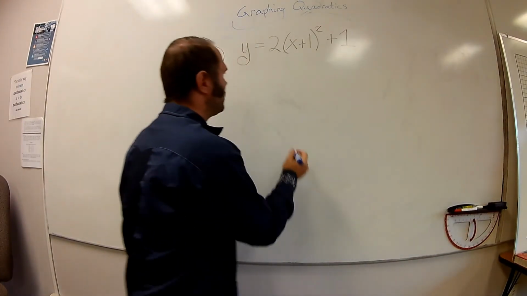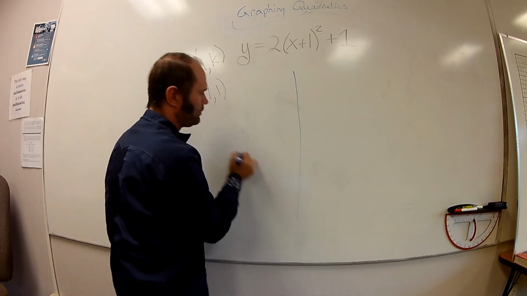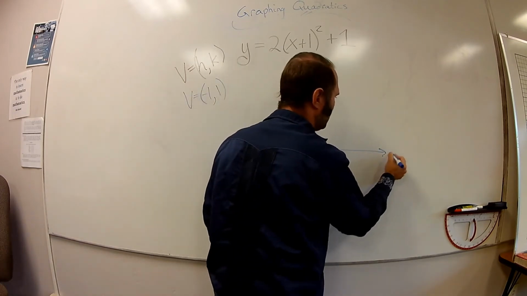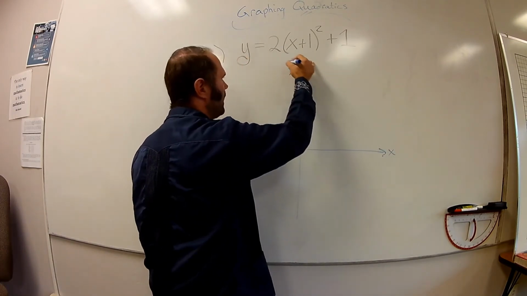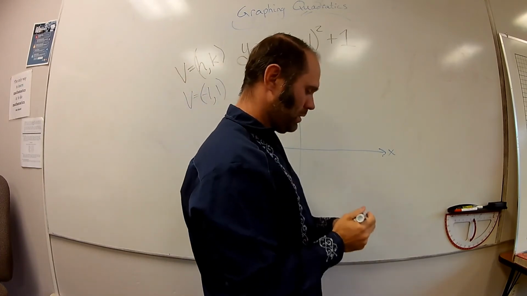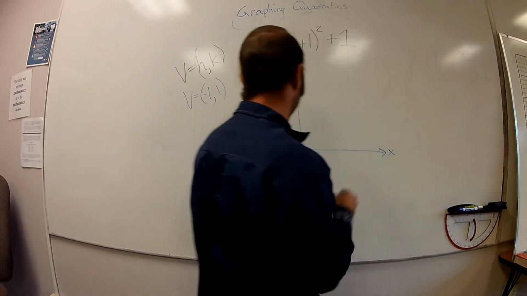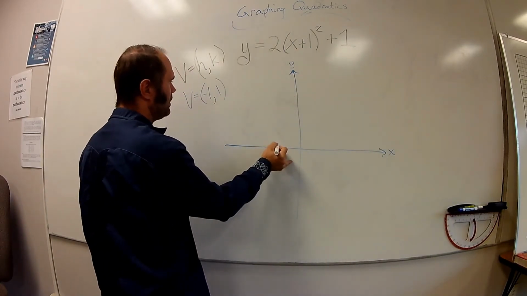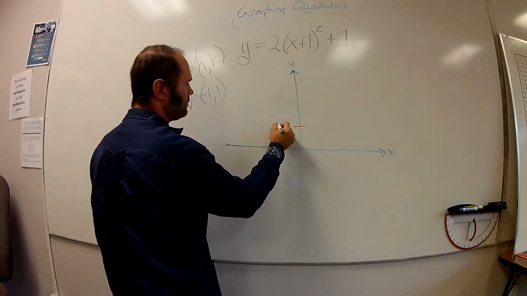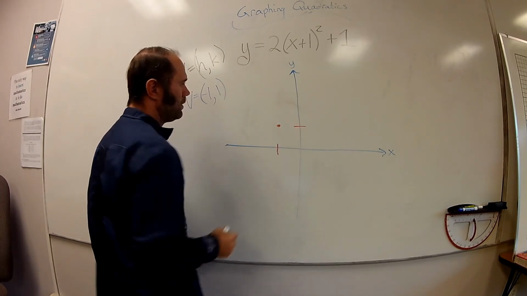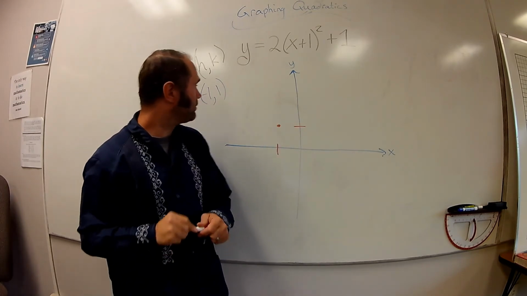Since we know what the vertex is, we might as well graph that. So negative 1, 1. We've got our negative 1, 1.